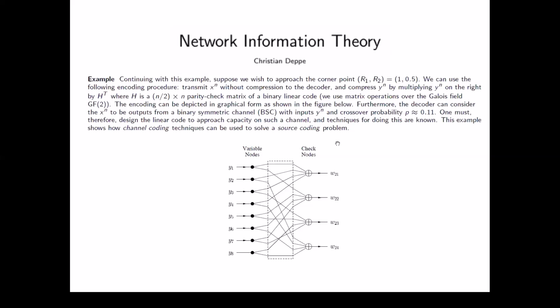So if you look here, we have this picture. For example, if we want to send 8 bits, we can compress it to 0.5, so we can send 4 bits, and we use this parity check here. So we always sum 4 of these 8 bits and have these check nodes here.